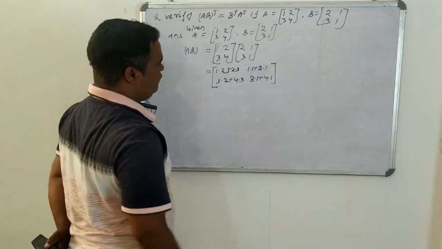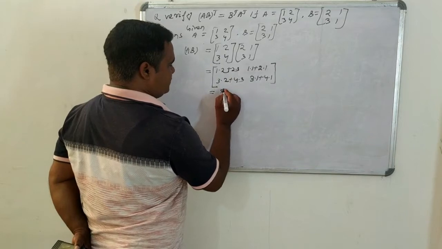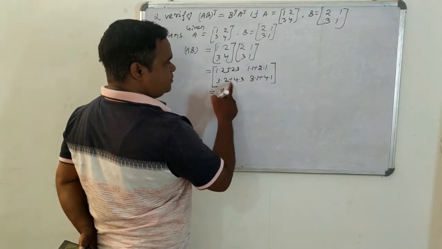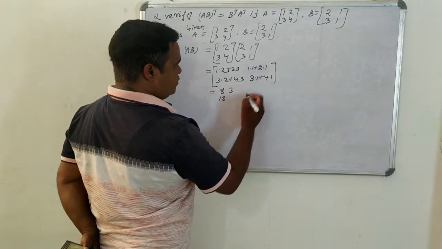So the values are 2 plus 6, which is 8; 1 plus 2, which is 3; 6 plus 12, which is 18; and 3 plus 4, which is 7.